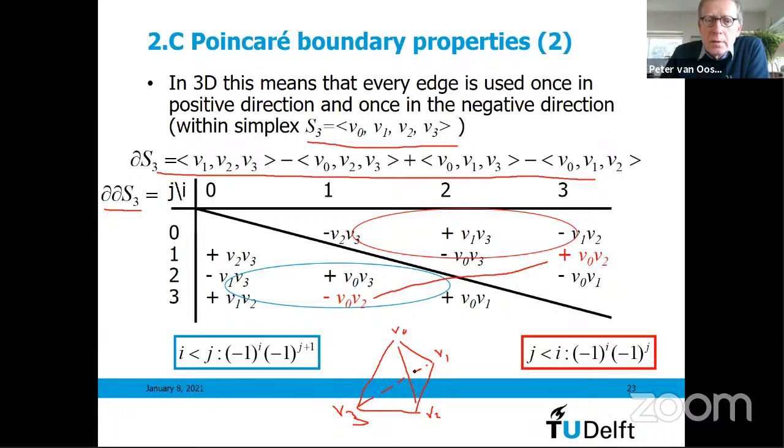Then this edge over here, I will make it fat, is used once positive and once negative. And so here it is going in this direction, in this triangle, and in this triangle it is going in the opposite direction. So here it's going up, and here it is going down in the orientation of the well-oriented triangle normal vectors. Okay, I hope it's clear. This is a really nice property.